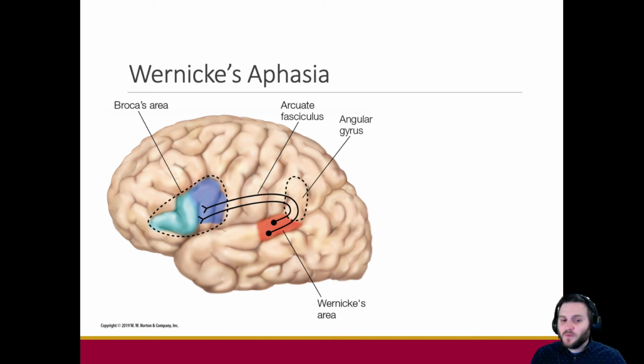But it is really only the effect of comprehension. It's technically a separate behavior. And so Wernicke's aphasia is, yes, a deficit to comprehension, which manifests as interesting speech.